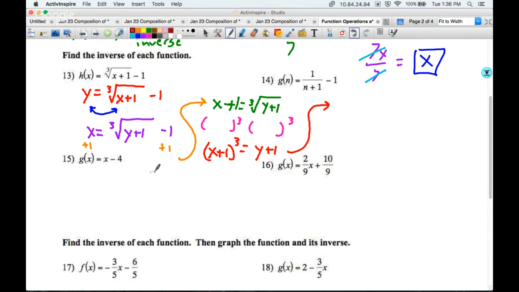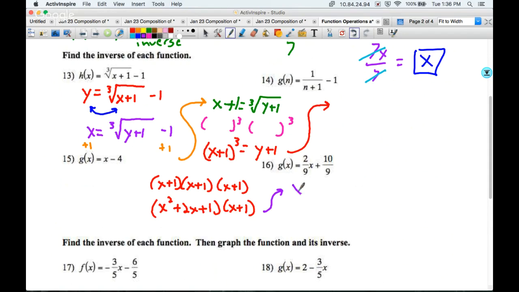Let's simplify x plus 1 cubed. X plus 1 cubed is the same as x plus 1 times x plus 1 times x plus 1, which gets us x squared plus 2x plus 1 times x plus 1. Distribute again. I'm just going to multiply the first to both of these, the middle to both of these, the last to both of these.